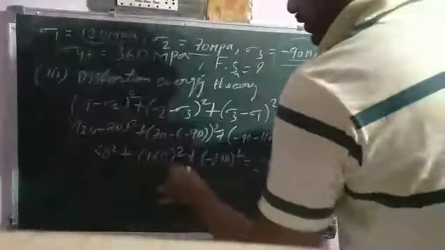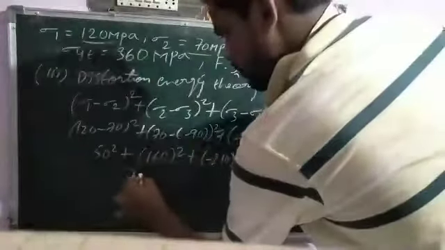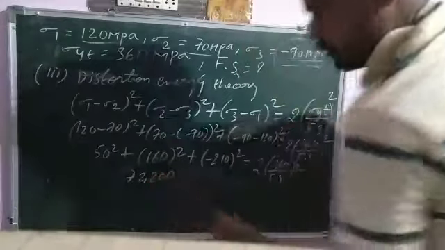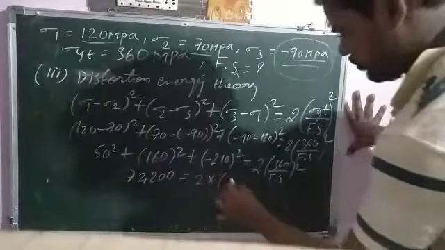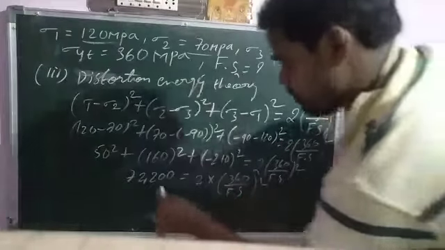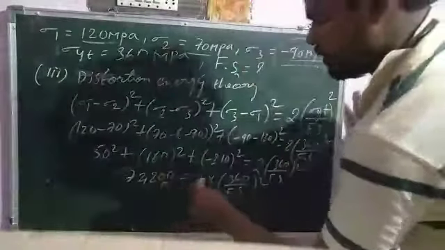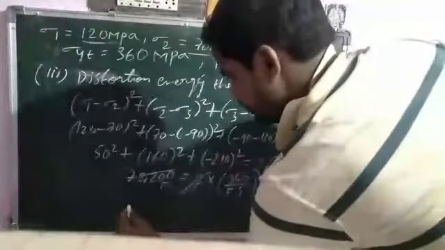Just solve these terms. After solving the entire expression, you will get 72,200, which is equal to 2 into 360 by factor of safety whole square. Now take this to the left hand side and solve.